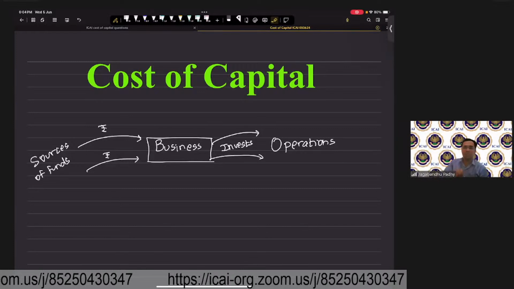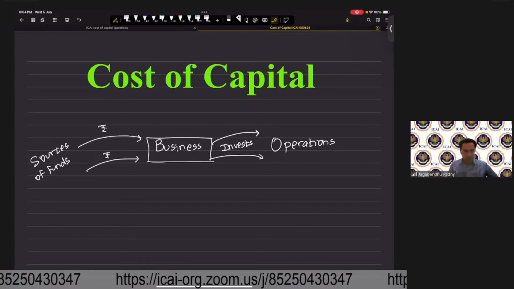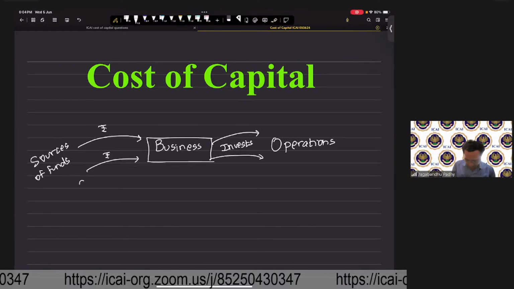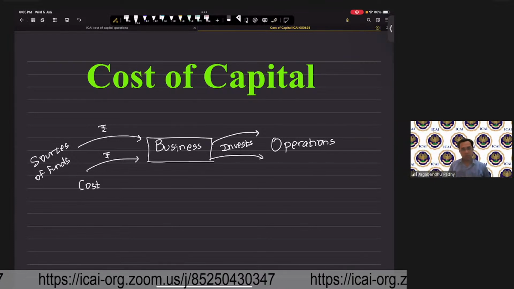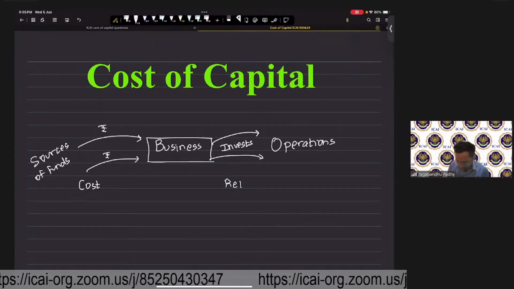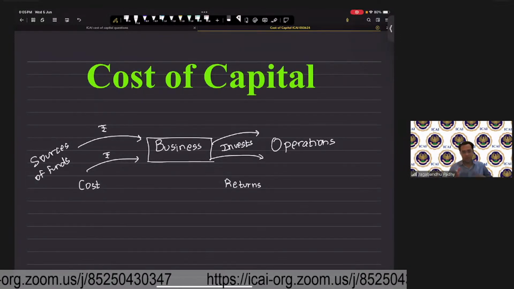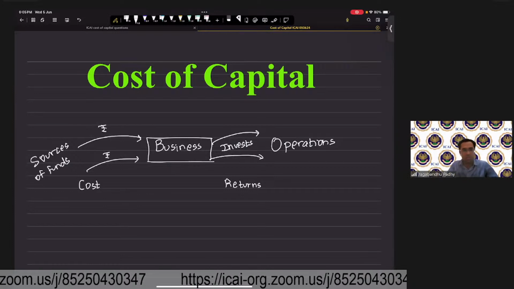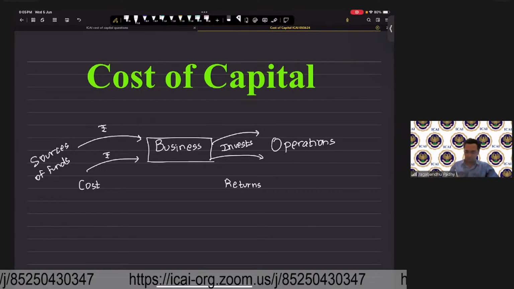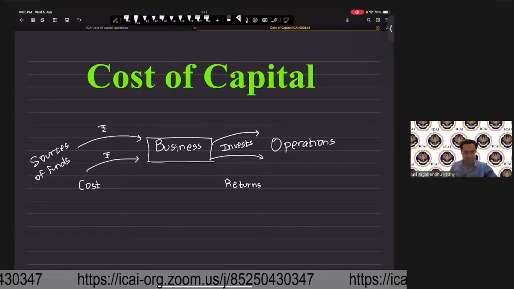There is some amount of cost involved, so when you raise money from the market, there are costs that you need to bear. And when you invest the money into the operations of the business, you generate returns out of it. So on one side you have the sources of funds, on which you need to pay a certain cost, and on the other side we invest our money, on which we generate returns.